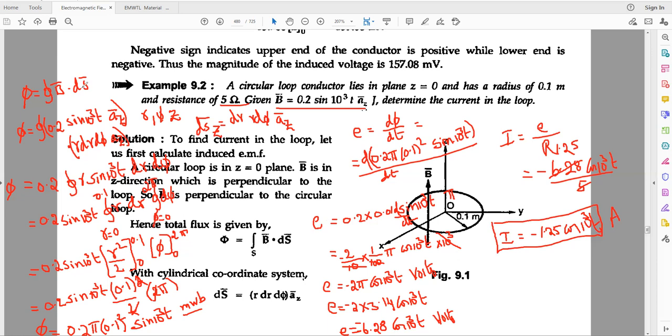First of all, we take phi is equal to B bar dot dS bar to find the induced EMF by taking the derivative with respect to t. Then you can substitute I is equal to E by R. We know V is equal to IR, so I is equal to V by R. That V is the induced EMF. We can take the change of the flux with respect to time, d phi by dt.